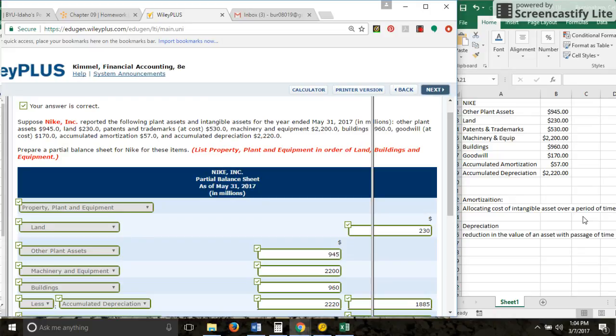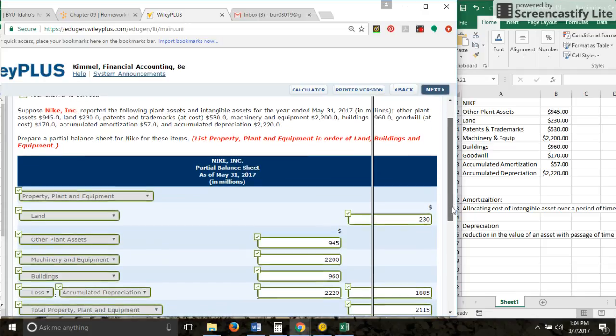In accounting, we prefer to spread it out over the life of the patent, and so that's what accumulated amortization does. It allows you to spread out the expense of that patent over the books over a period of time, so that way it just looks better on the books and it's more realistic, because you do plan on using that over a period of time, not just that 1 year.